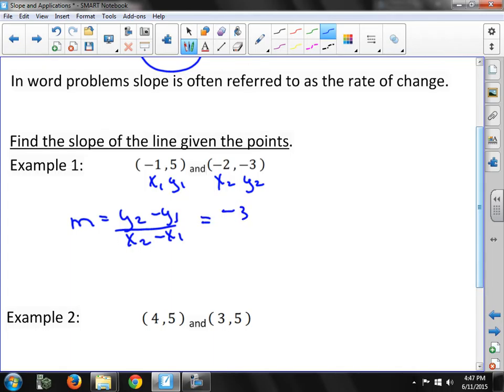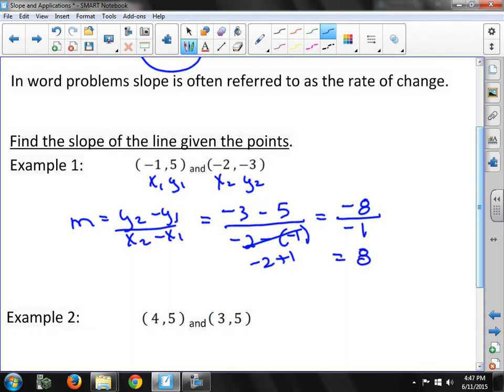So, negative 3 minus 5 is my change in y values, divided by negative 2 minus a negative 1. Simplifying, I have negative 8. Now this is negative 2 plus 1. So I have 8 over negative 1, which gives me a positive 8 slope.